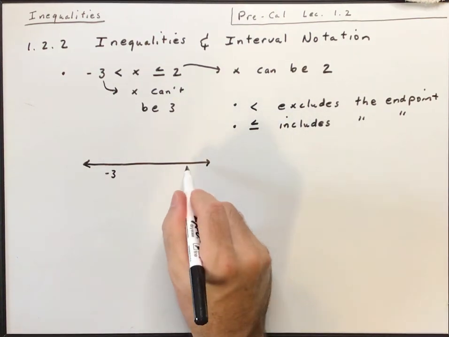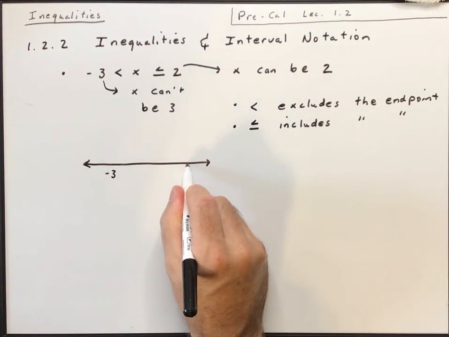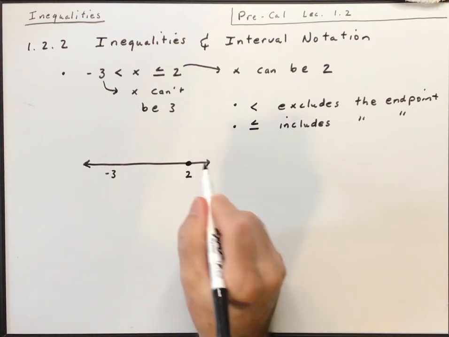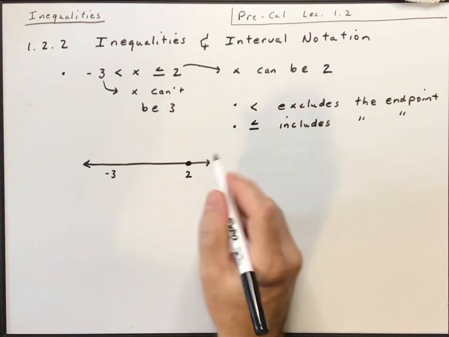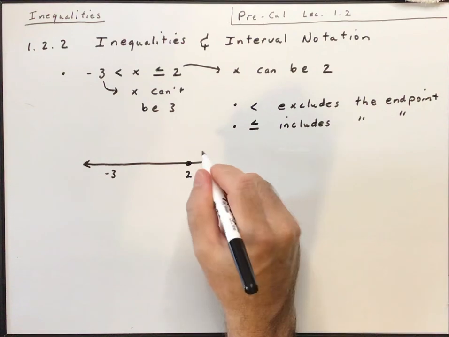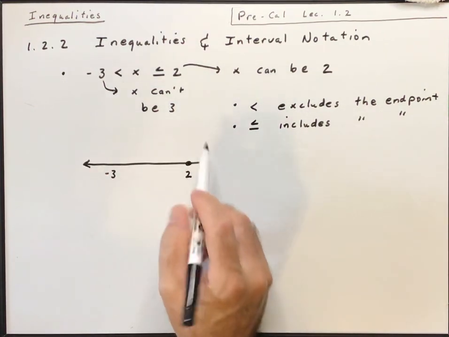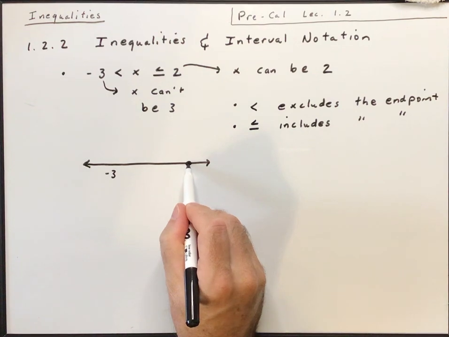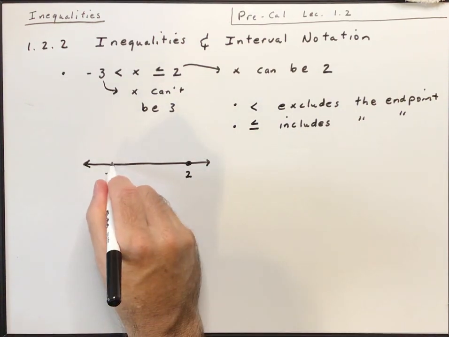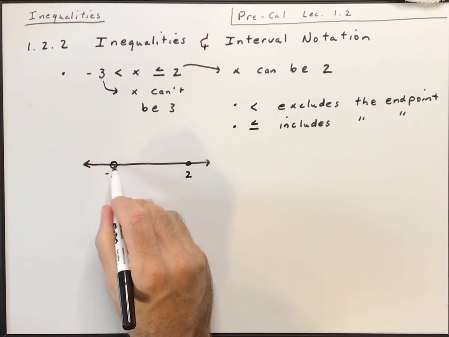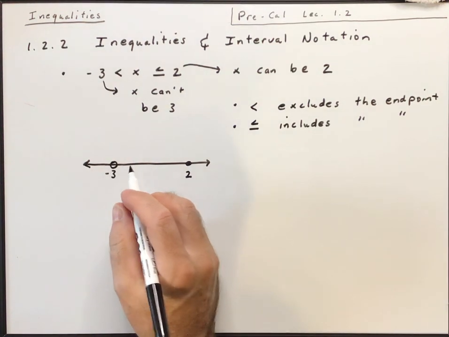And if the endpoint is allowed, you just put a filled in point. And if the endpoint is not allowed, it's an open circle. If it can't be equal to, it's open.